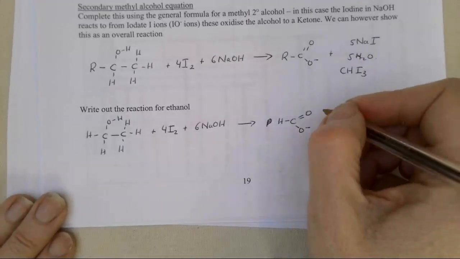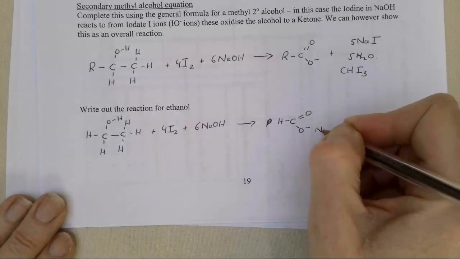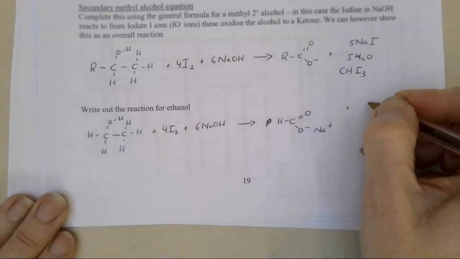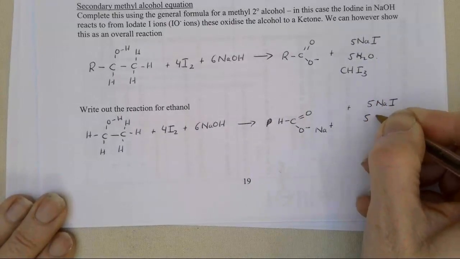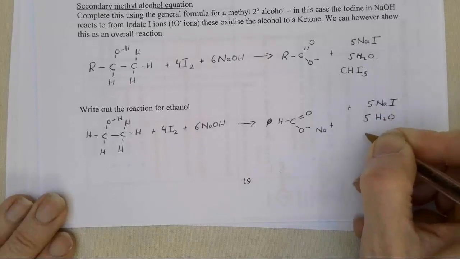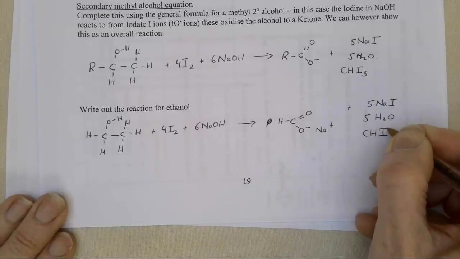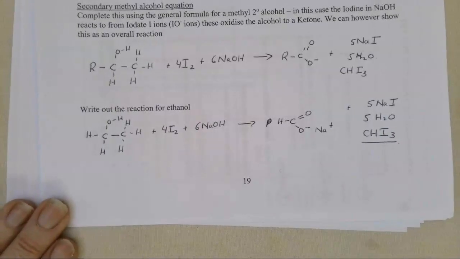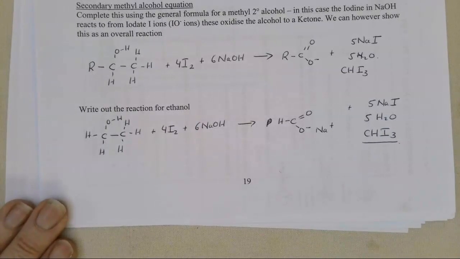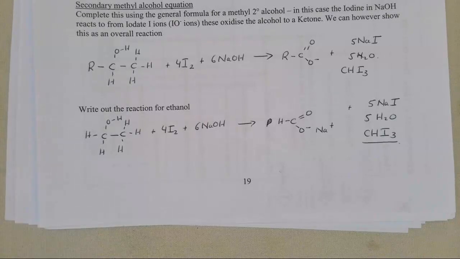Okay, I could put the Na positive in there if I want to. It makes it balance a little easier. So again, 5, 5, 1. And I've made triiodomethane. There's a short video where you can see this reaction. But as I said before, there are many examples of this on the internet, so I'm sure you can find some YouTube clips for the iodoform reaction.